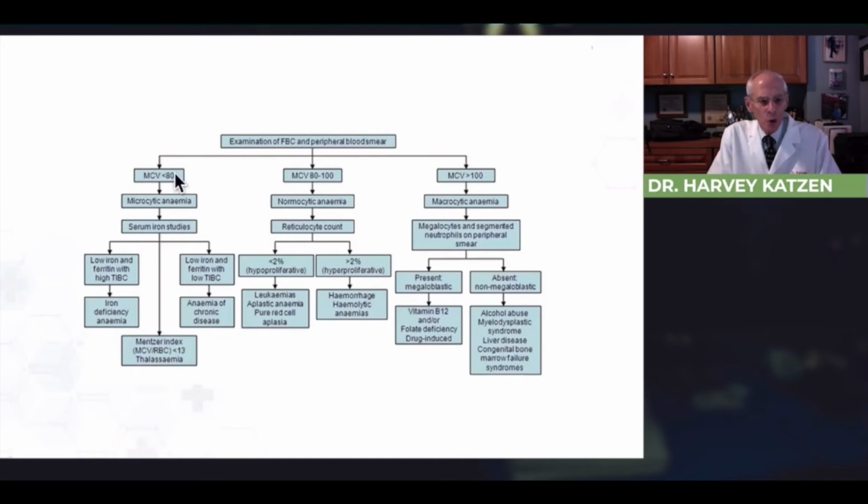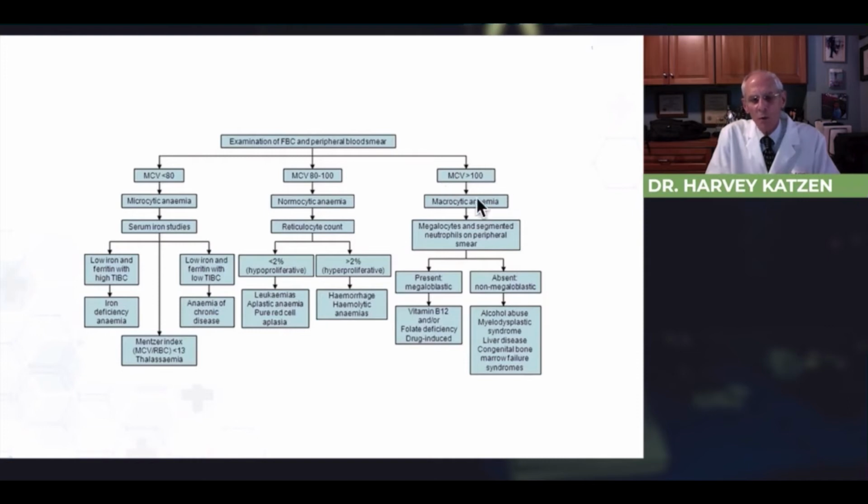The lower MCVs or the microcytic anemias could be due to something as simple as iron loss. The normochromic or normal size anemias, it depends whether or not the reticulocyte count is elevated, but these could be due to primary bone marrow problems, such as aplastic anemia, which is a good example.